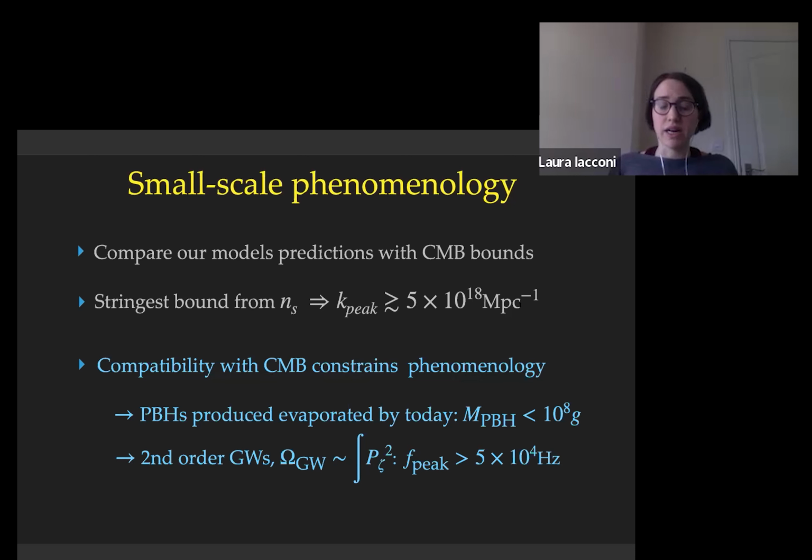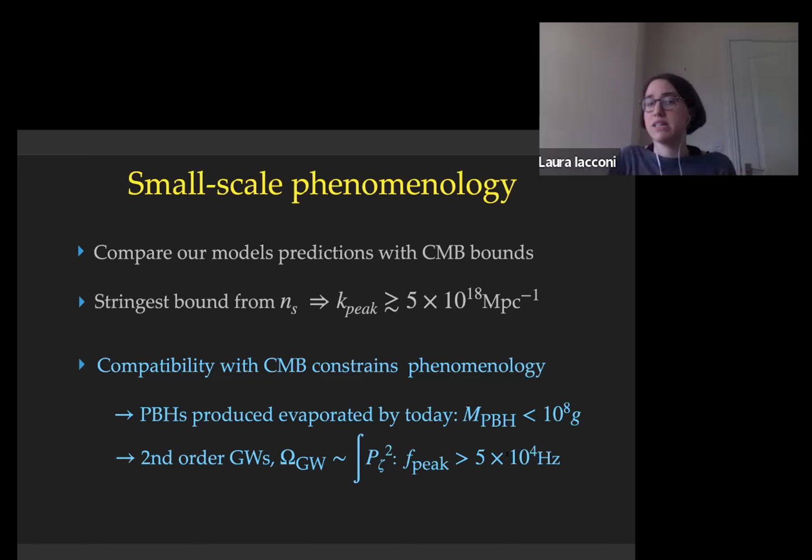In particular, the primordial black holes that could possibly be produced within this model must have evaporated by today, and the second-order gravitational waves accompanying a large peak in the scalar power spectrum peak at ultra-high frequencies.